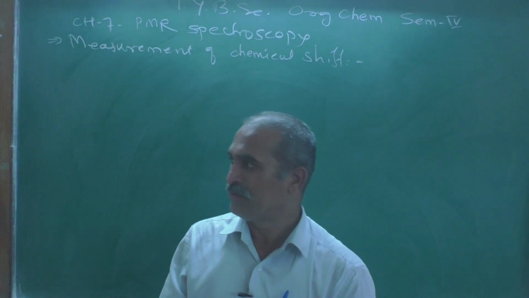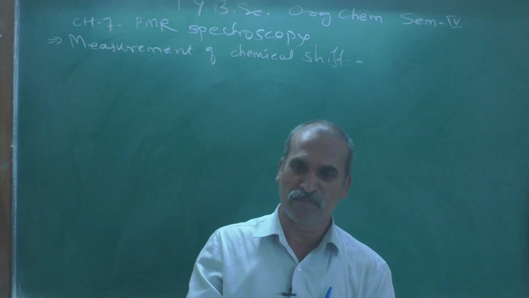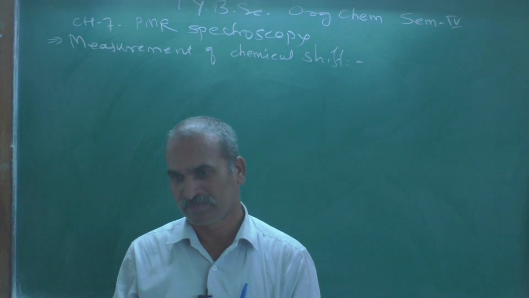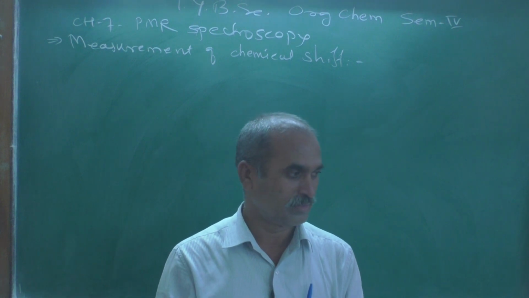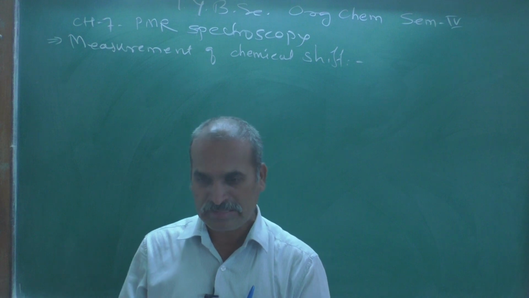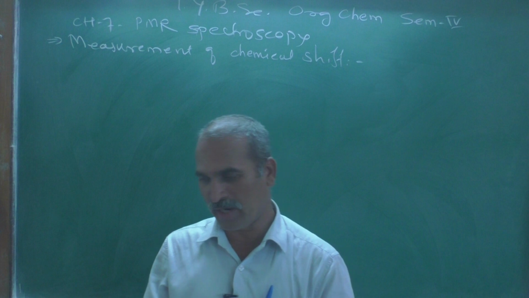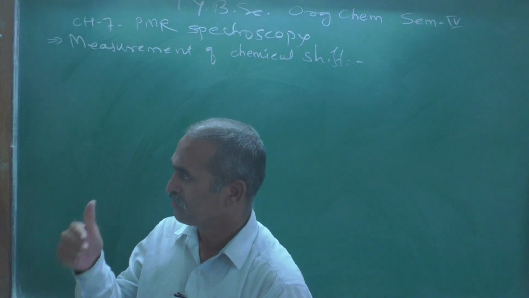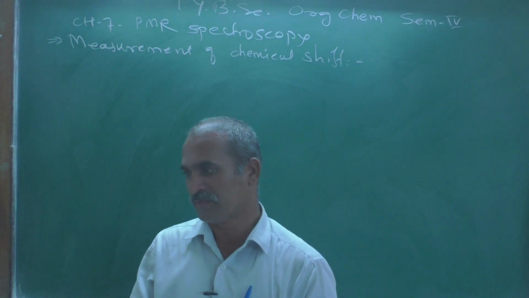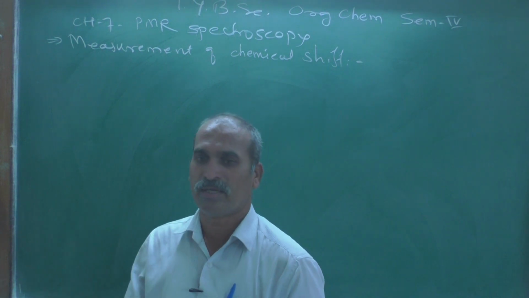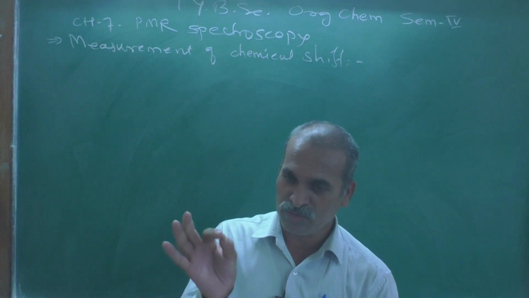And there we discussed one example, the simplest and the first example explained by the scientist, that is ethyl chloride, and they had measured the position of that chemical shift.